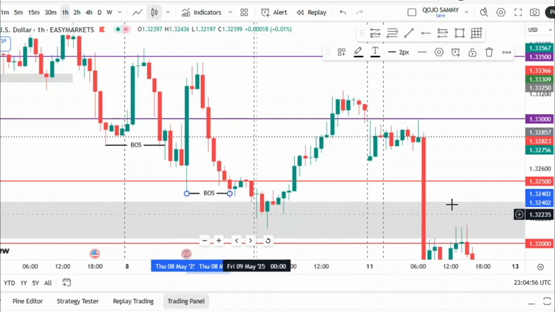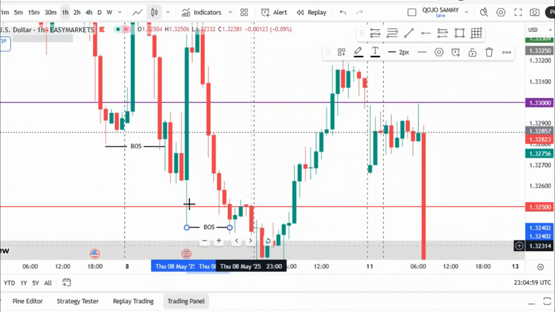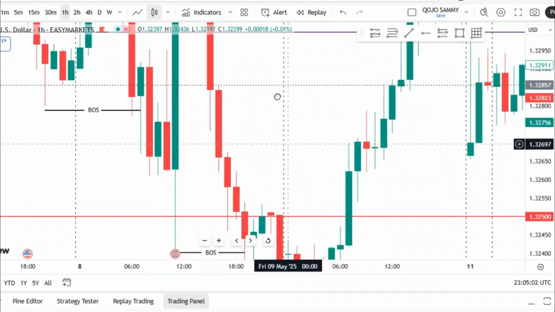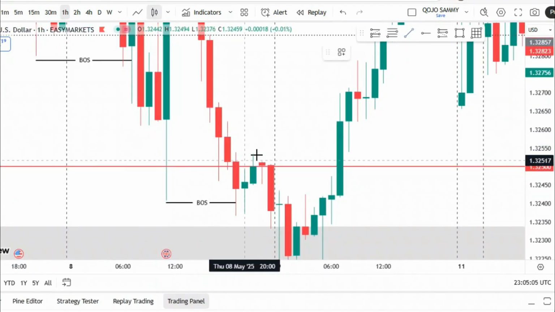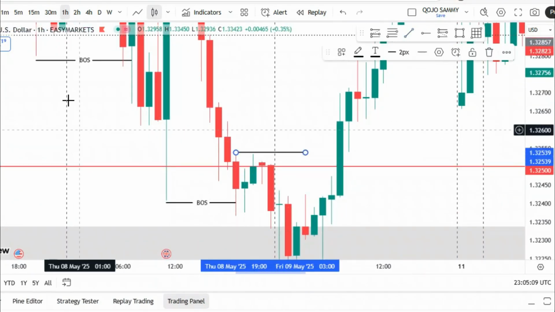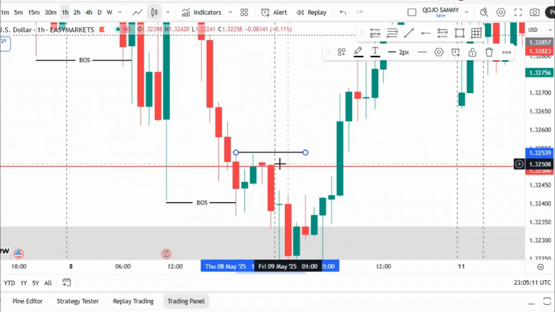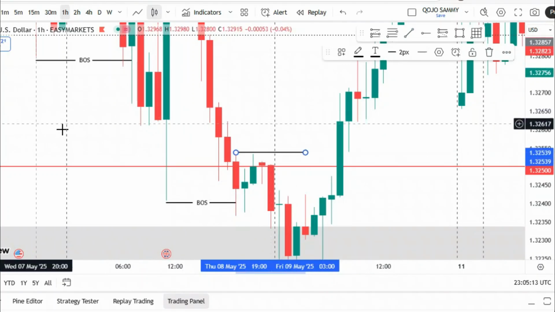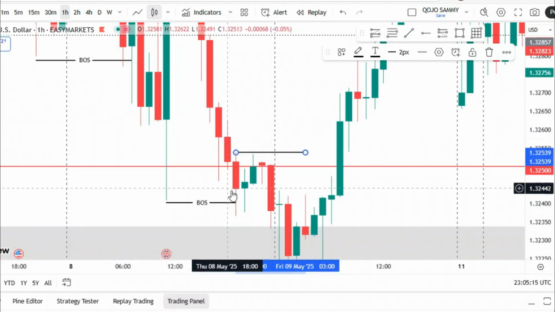You have another break of structure, and then there is this particular pullback, and this pullback is an incomplete pullback. My 1 hour structure, before I even enter the lower time frame for more confirmation. So this pullback was an incomplete pullback.